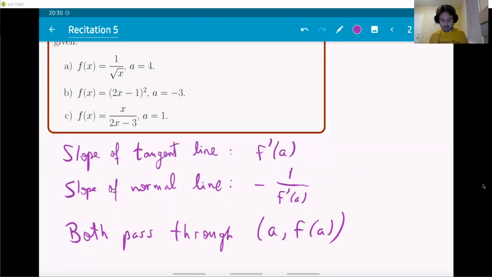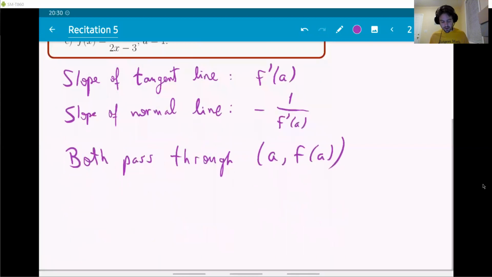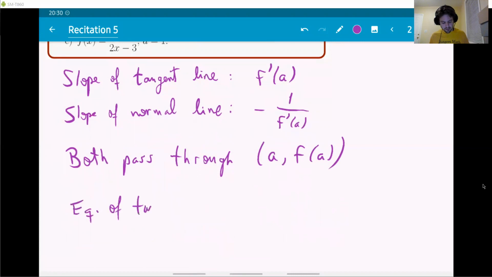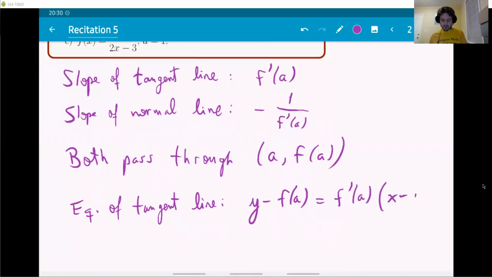We're probably going to be using the point slope form, where the equation of tangent line would then be y minus the y value of the point equals slope times x minus the x value of the point. This is the equation of the tangent line.